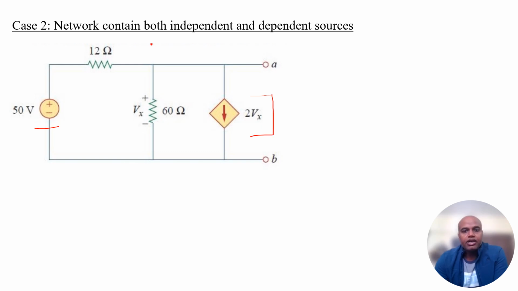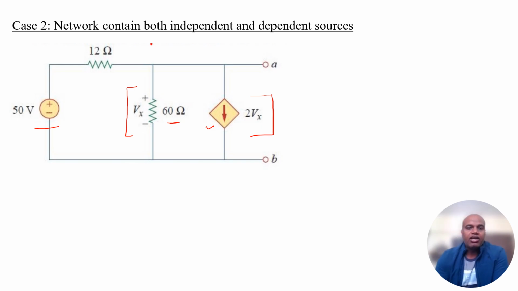This current source depends on a voltage given in the circuit, the voltage Vx, which is nothing but the voltage drop across the 60 ohm resistance. So the value of this dependent current source depends on a voltage drop happening somewhere in the circuit. Therefore this is a voltage dependent current source.